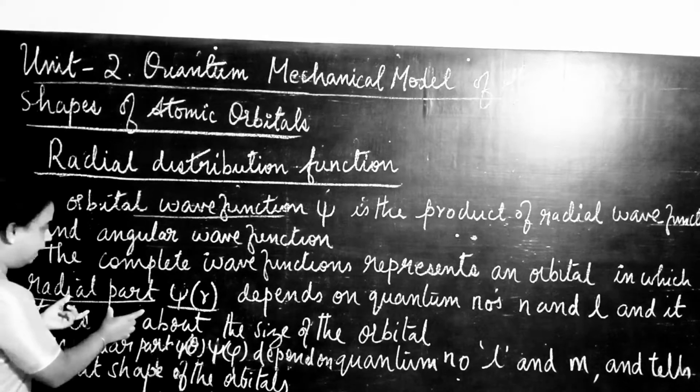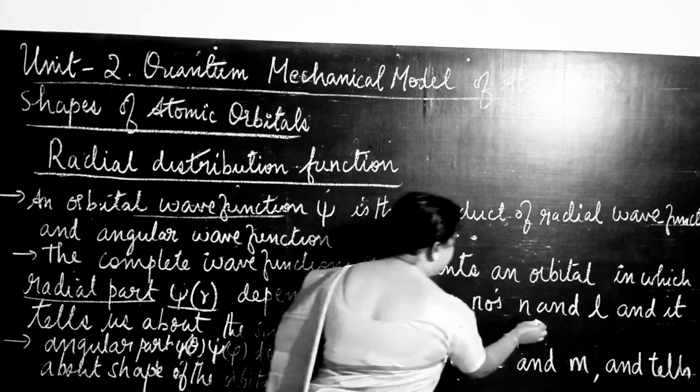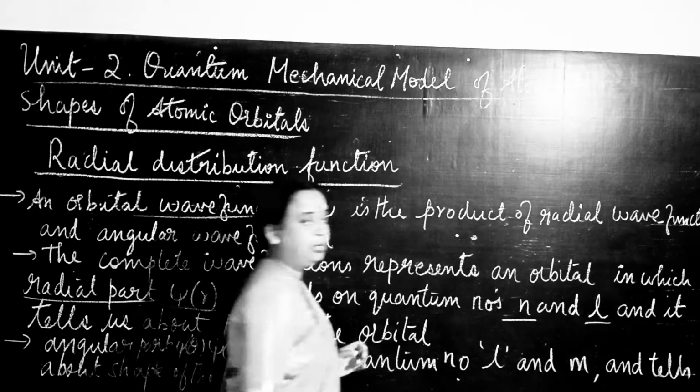The radial part, or radial wave function, depends upon the quantum numbers, the principal quantum number and the azimuthal quantum number.